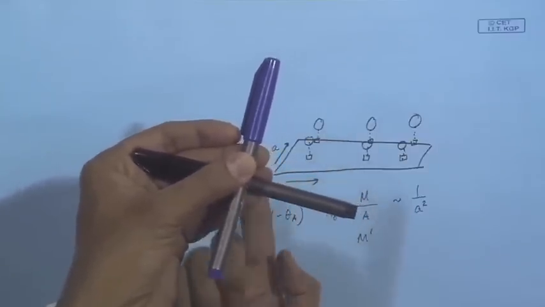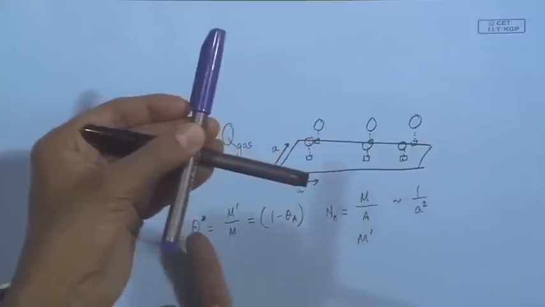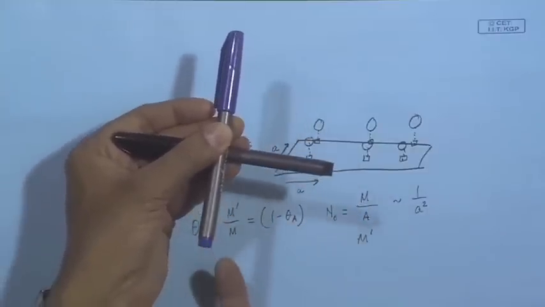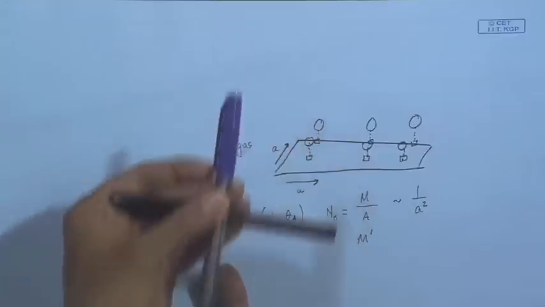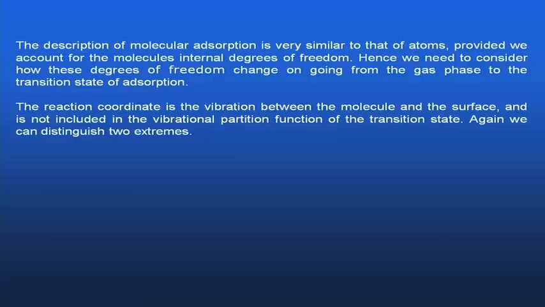So, this distance changes. The reaction coordinate is the vibration between the molecule and surface and is not included in the vibrational partition function of the transition state. And again we can distinguish two extreme cases.